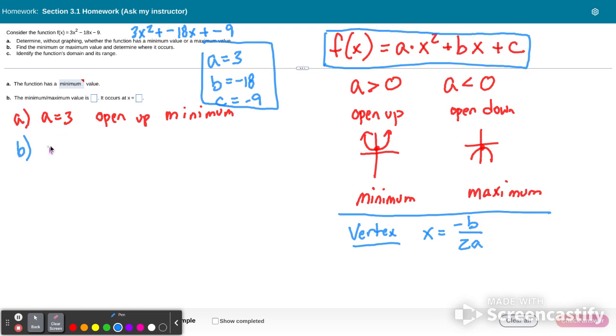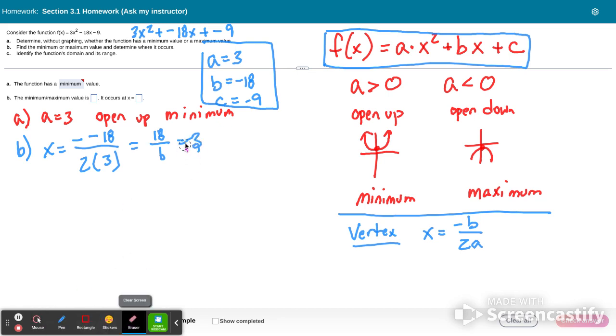To find our vertex, we'll say that x is equal to the negative from the formula and our b is negative 18, so negative negative 18, over 2 times our negative 9, excuse me, I put the wrong number in there. Let's not say negative 9. Let's go with 3, my bad, because it's our a value, not our c value. Okay, so our a is 3. When we simplify that, 2 negatives make a positive, so it becomes 18 over 6, which is equal to 3.